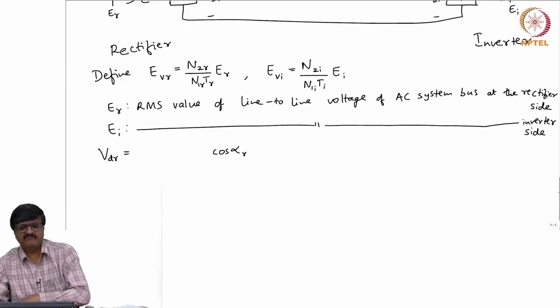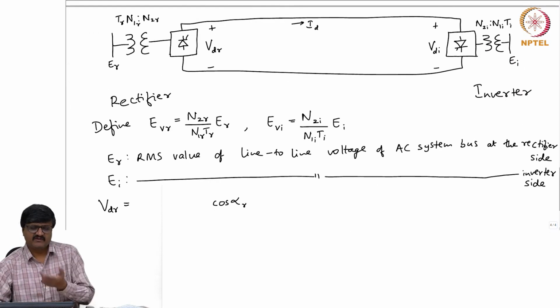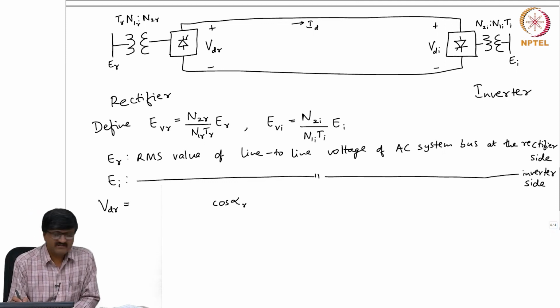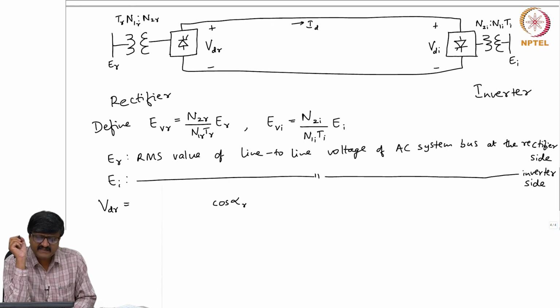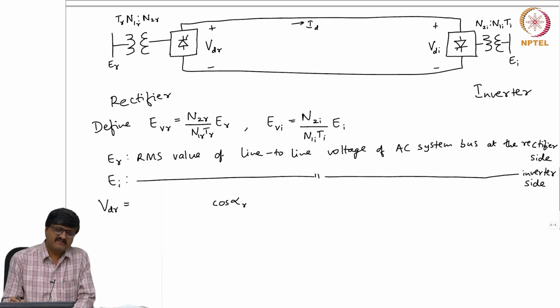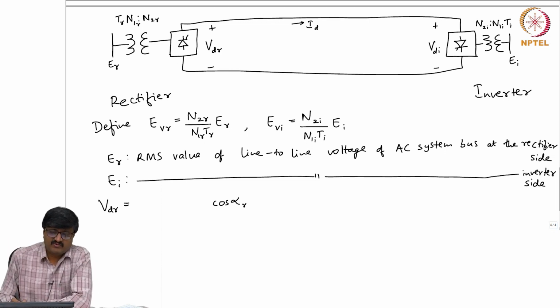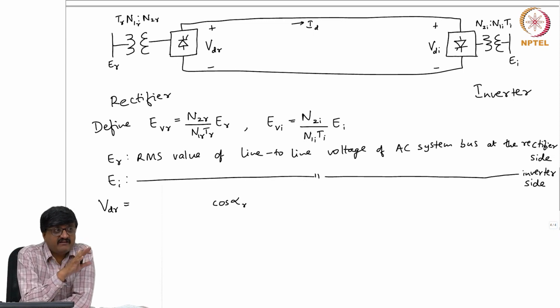What is NB VDO, using the notations? Root 3 times ER, or EVR? EVR. You have to take the transformation also into account.